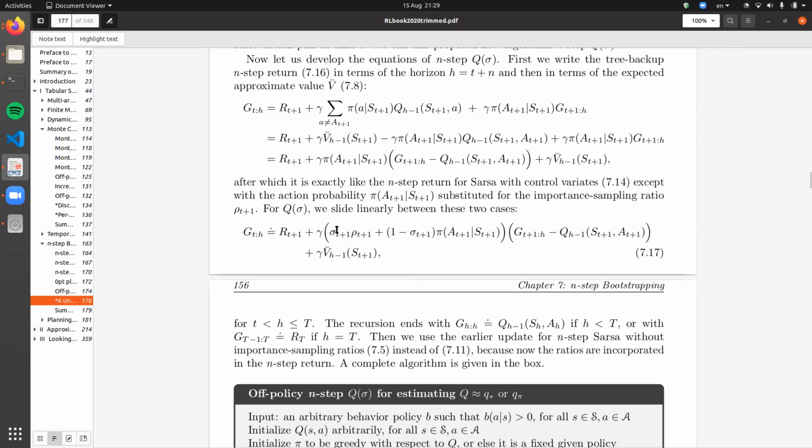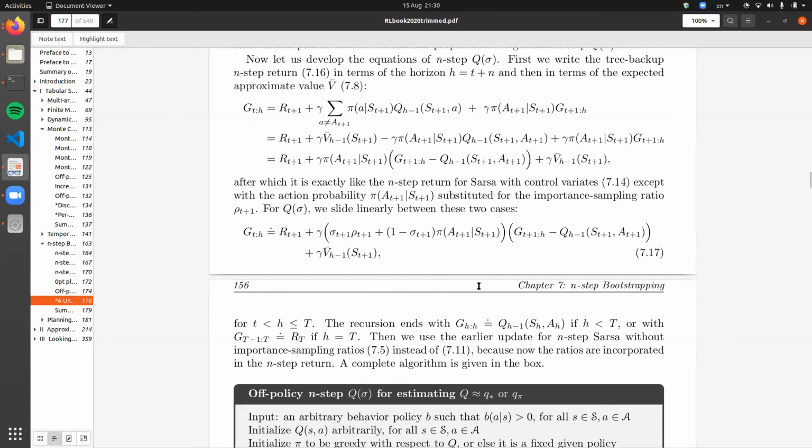When sigma is 1, we will have 0 here, and this equation will become like an update for the case of importance sampling, right? And if we have 0 sigma, then this equation will become a tree backup equation.